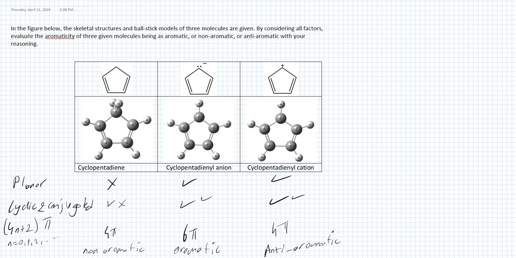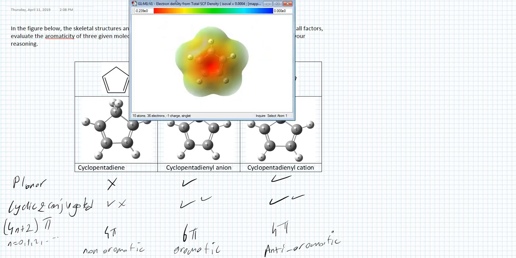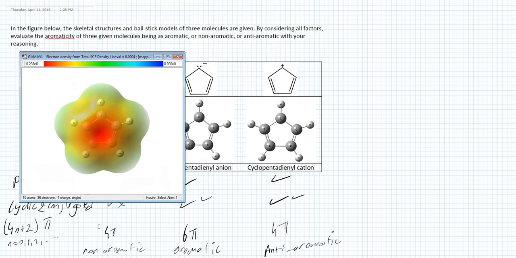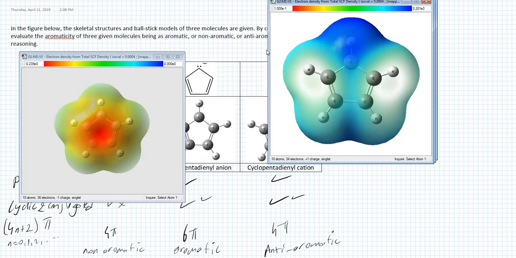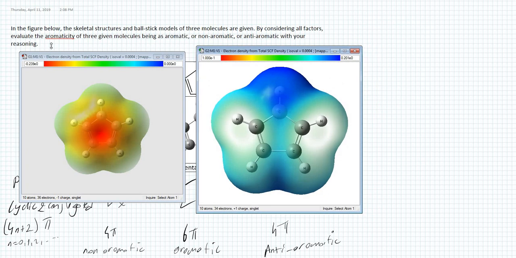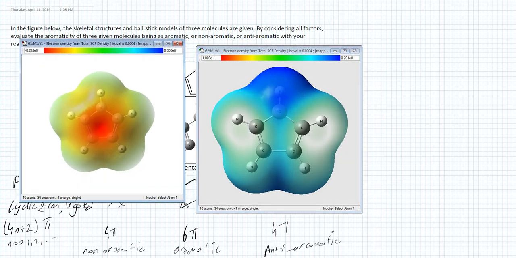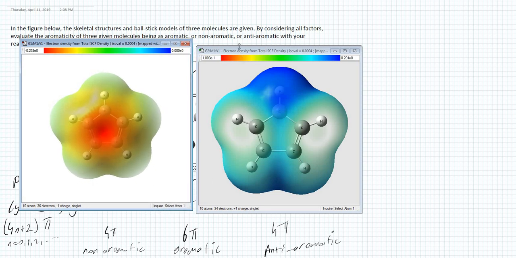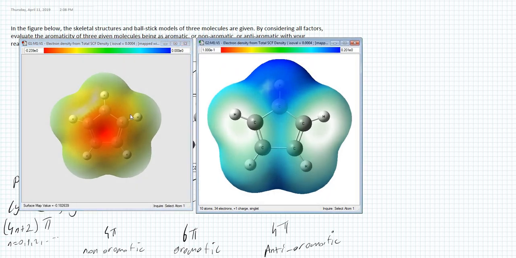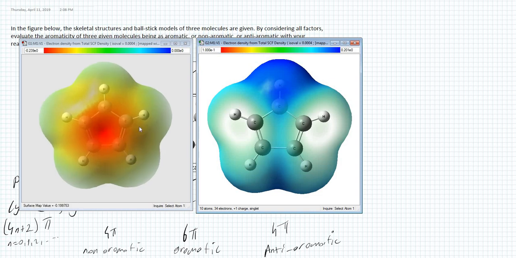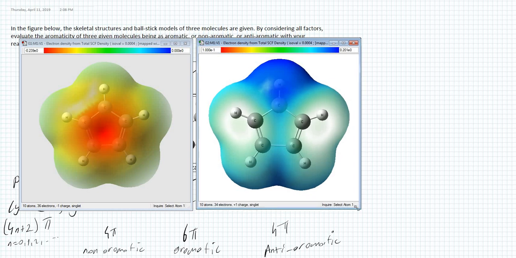Let's look at what are the results of being an aromatic molecule and what's the result of being an anti-aromatic molecule. We are going to see two electrostatic potential maps. One is for the cation, and the second one is for the anion. Here, on the left side, this is the electrostatic potential map of the anion. The anion was aromatic based on these three criteria, and the cation on the right side was anti-aromatic.